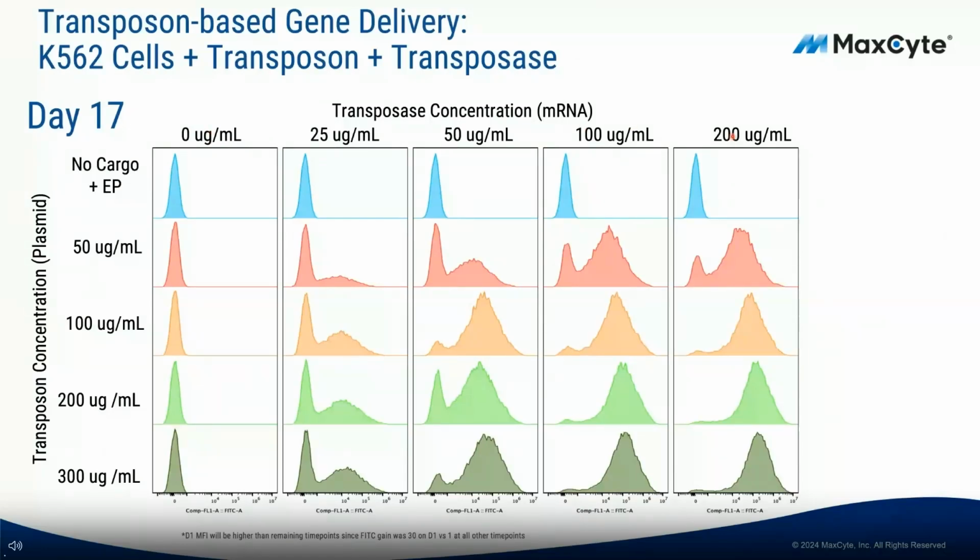The transposase will mediate the integration of the transposon into the genome. So you can see after 17 days, even with the highest concentration of DNA transposon, you don't have any integration of the DNA transposon. Whereas as you increase the amount of transposase, you can basically get higher levels of cells with integrated copy numbers of DNA.